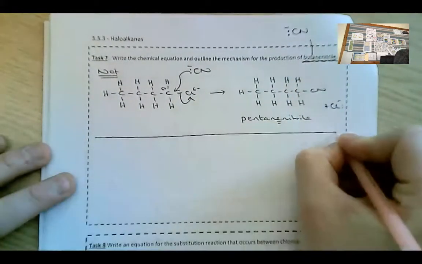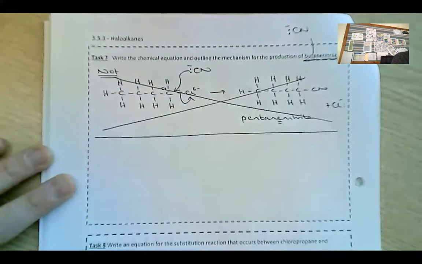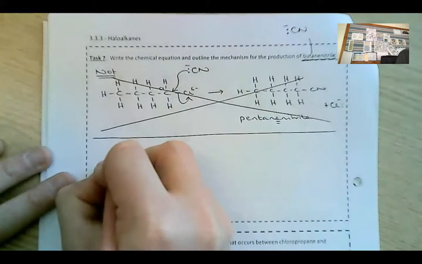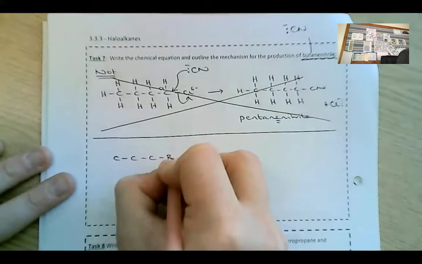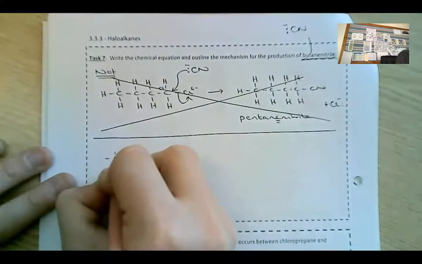So all of what I've just gone through is incorrect. So let's rethink. If I want butane nitrile, I need to start off with prop, meth, eth, prop. And just for variety, I'm going to start off with the bromine version, 1-bromopropane.